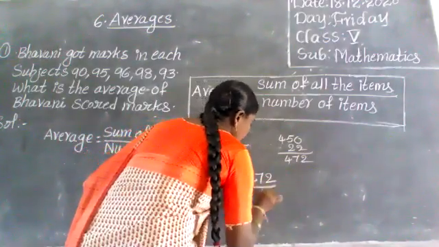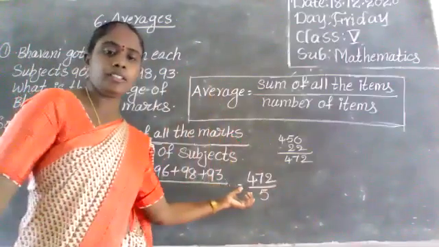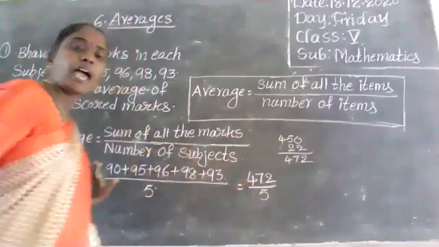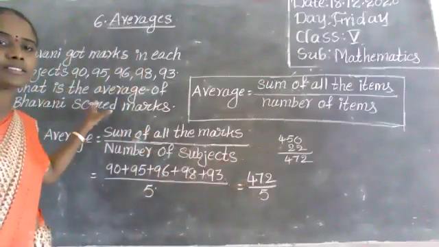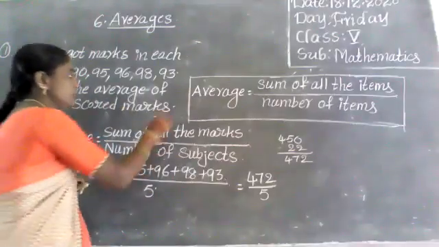472 by 5. After simplification, we get the average of Bhavani's scored marks.